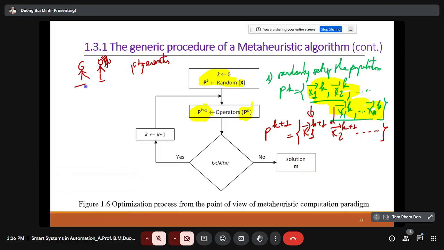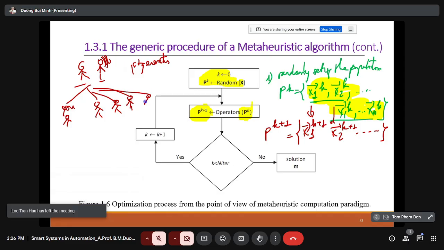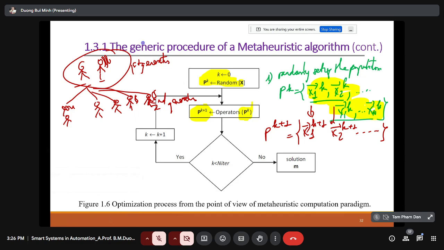And then we can get you and your siblings, maybe two brothers and two sisters, and this is the second generation. So the first population we have 2, and the new generation we have 5. 1, 2, 3, 4, 5.